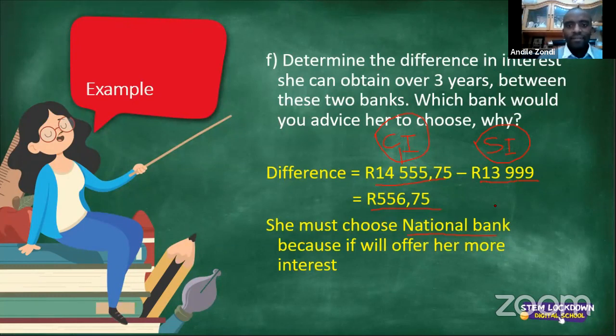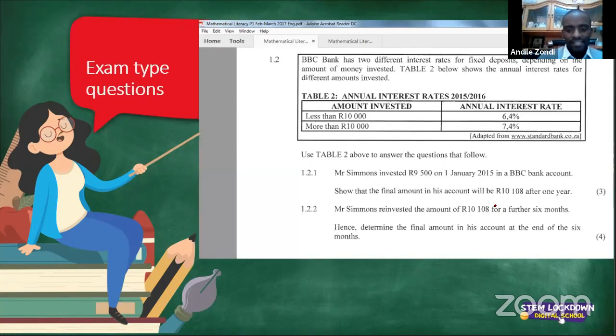Okay. Let us now look at an exam type of question. Don't freak out when you see this question because it is actually a national paper for grade 12. Most of the work that you do at grade 11 will overlap with the work that you're doing at grade 12. In fact, some of the questions are actually similar.